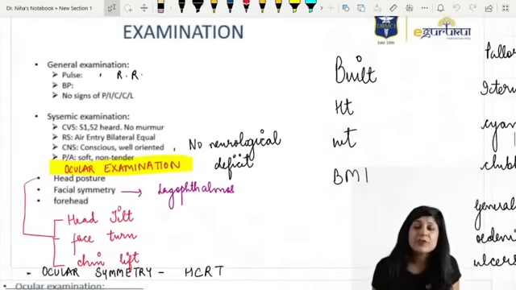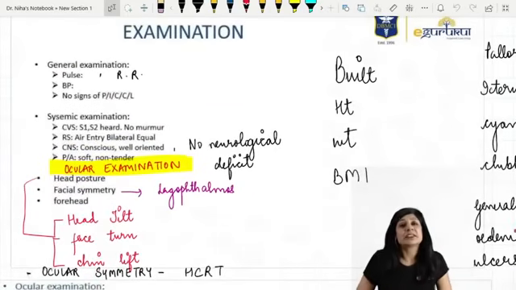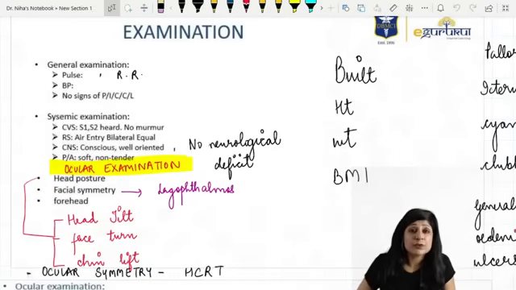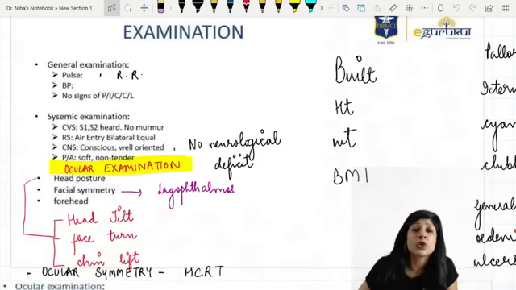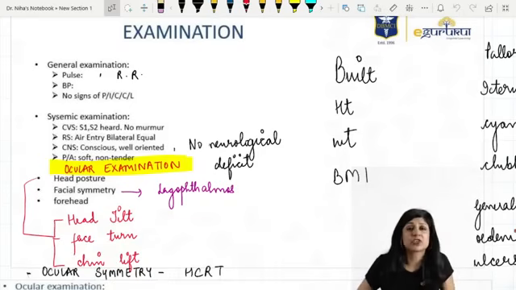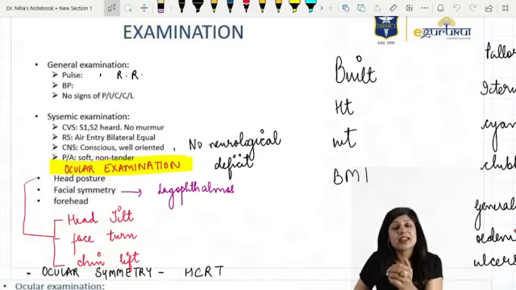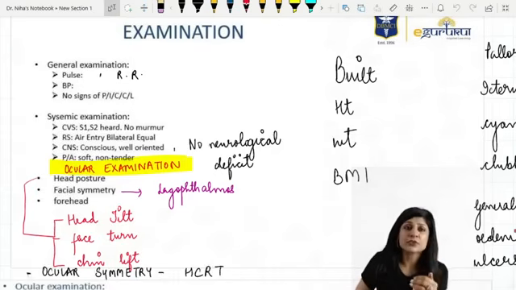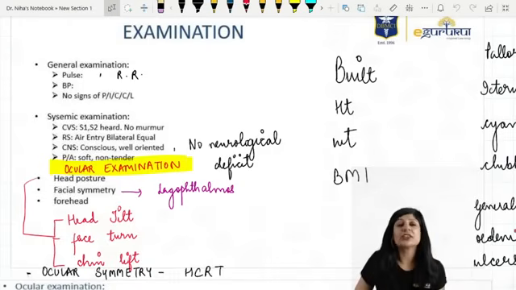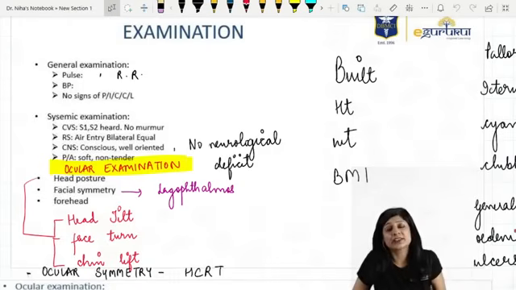See, when we are presenting a case of ophthalmology, this does not mean that we will go only with the ophthalmic examination, only the ocular examination. There are general guidelines that you always have to follow. So first you have to go with the general examination, and then with the ocular examination.